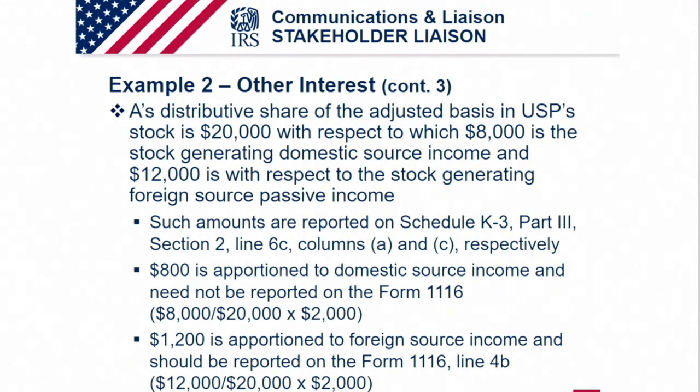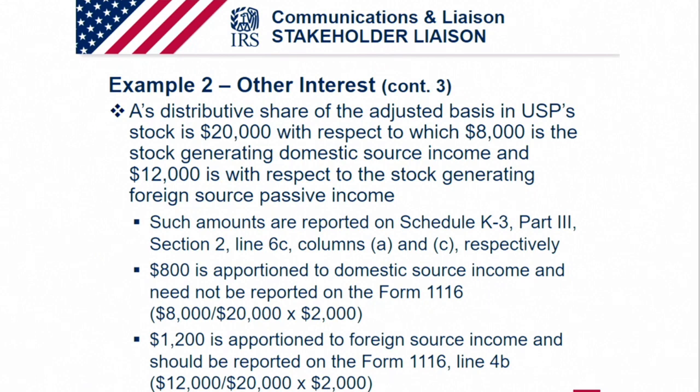Continuing on with the facts, A's distributive share of the adjusted basis in USP stock is $20,000, with respect to which $8,000 is the stock generating domestic source income, and $12,000 is with respect to the stock generating foreign source passive income.